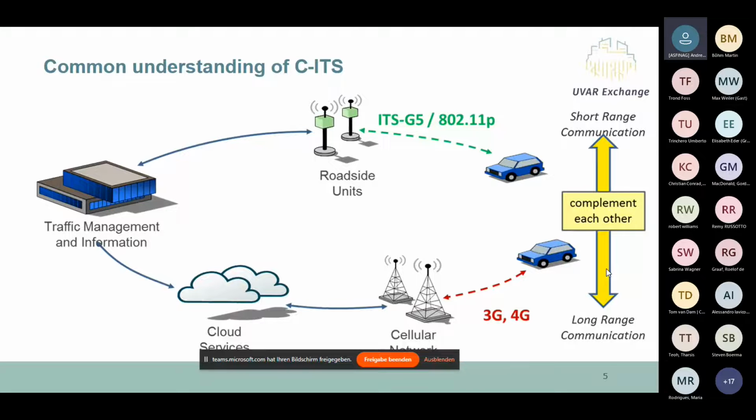Those roadside units are capable of communicating with the vehicle via short-range ITS-G5 wireless LAN. Another approach is a cloud-based service via cellular network. Therefore, you can use 3G, 4G, and in the future 5G.